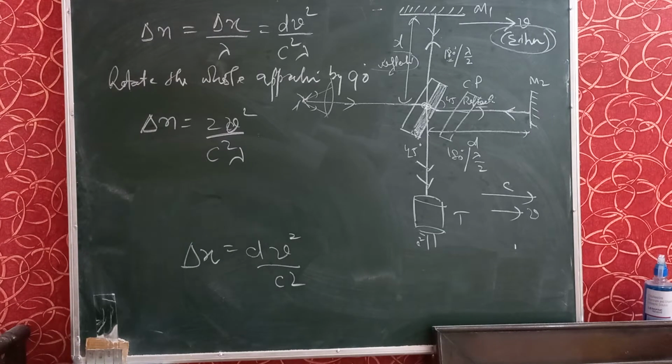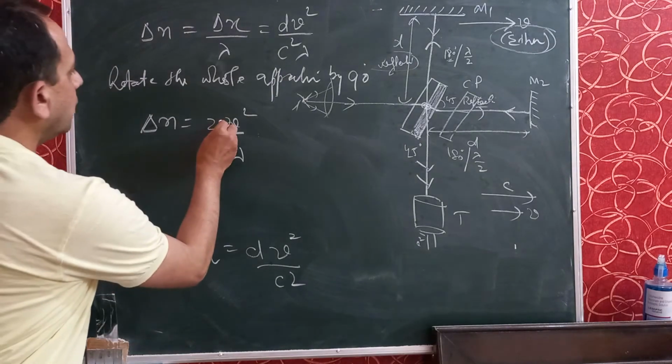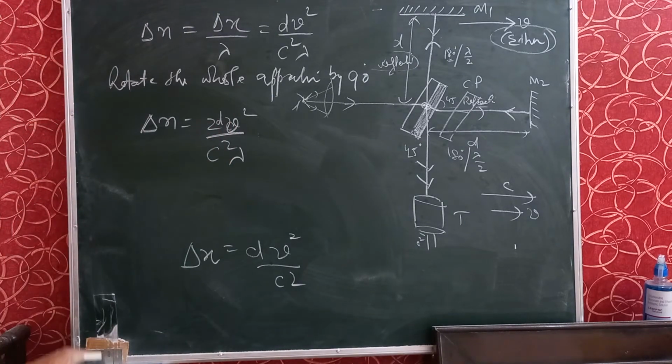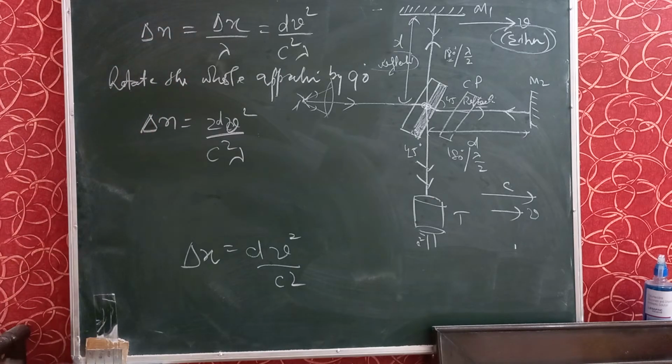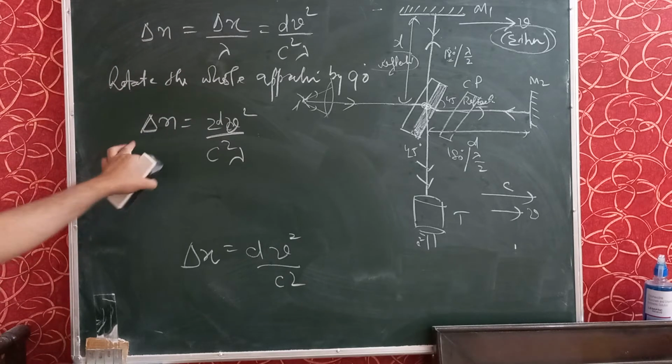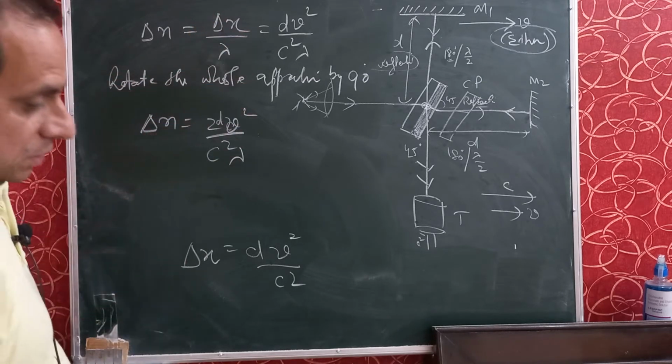Besides it becoming 0, it becomes double. It becomes double because in the previous case the fringe shift is this, and after rotating, a fringe shift of the same amount is obtained, and the total fringe shift is double the previous, 2 into d v square upon c square lambda.